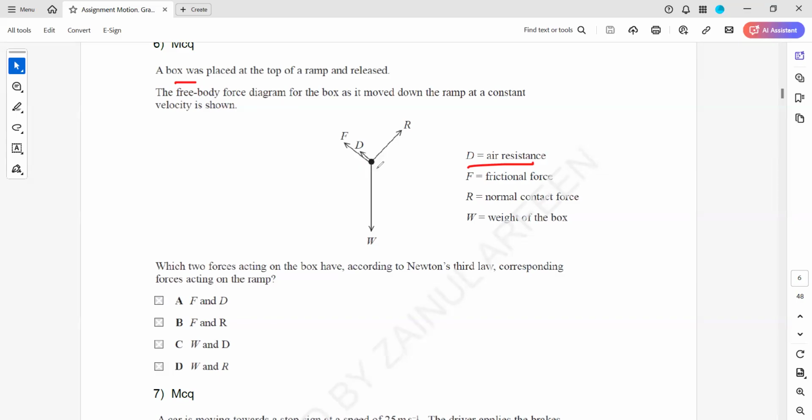The free body force diagram is there for a box as it moves downward. Which two forces acting on the box, according to Newton's third law, correspond to the forces acting on the ramp? So which are the pair forces?